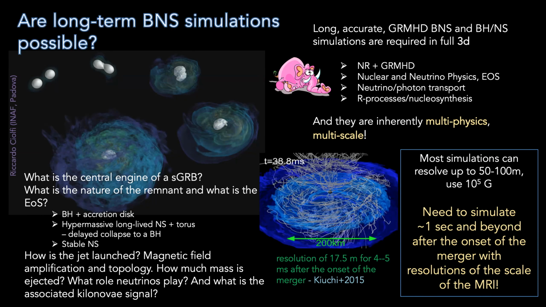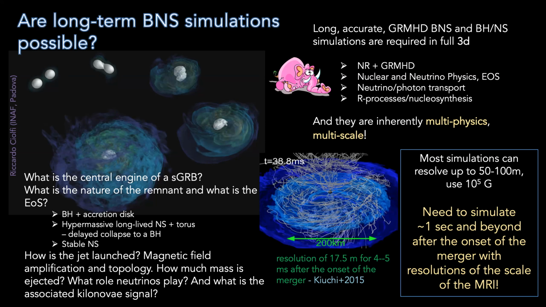So we have a lot to go after with binary neutron star systems, but it's extremely challenging, and it does require very long simulations of the post-merger phase. Unfortunately, this requires not just numerical relativity, but also GRMHD, nuclear and neutrino physics, the treatment of various equations of state, often tabulated from nuclear physics, and neutrino and photon transport, and r-process nucleosynthesis.